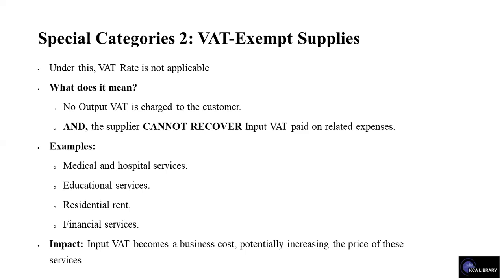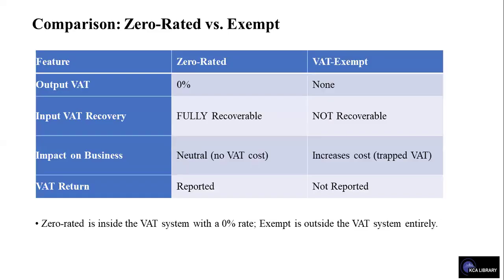Examples of this are medical and hospital services, educational services, residential rent, and financial services. It's very important to note that input VAT becomes a business cost, potentially increasing the price of these services.